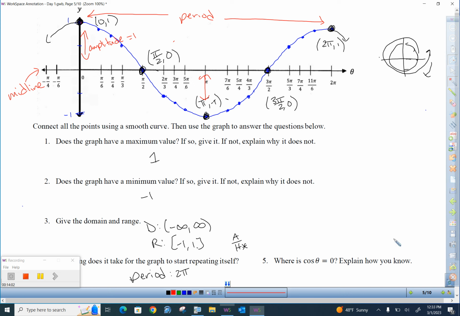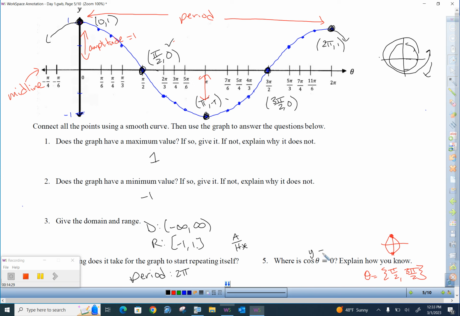Okay. All right, and then it's asked, where is cosine equals 0? So you may have thought about the unit circle. X is 0 at the top or bottom. So that would be theta equals pi over 2 and 3 pi over 2. But also, if we look at our graph here, we can represent that in a different way. We know this is the cosine graph. We're looking at where cosine, or the y value, is 0.